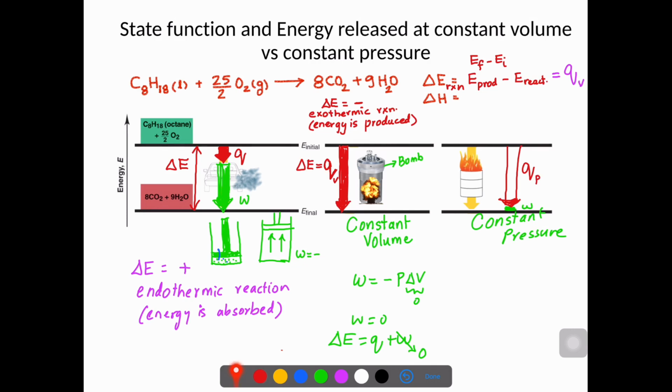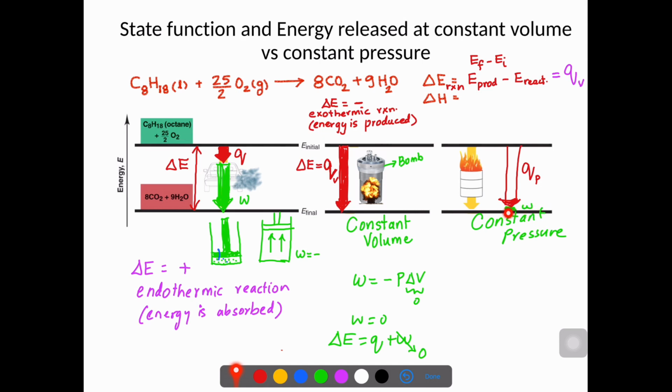Now, most of the time in the lab or when you perform reactions in real life, you're under a constant pressure condition. And the work involved is very negligible. We don't even know how to measure it because the atmosphere is too big. So that's negligible and you can ignore it.